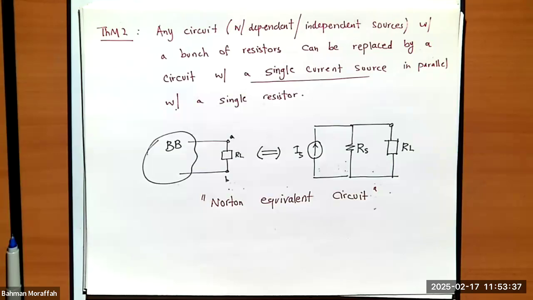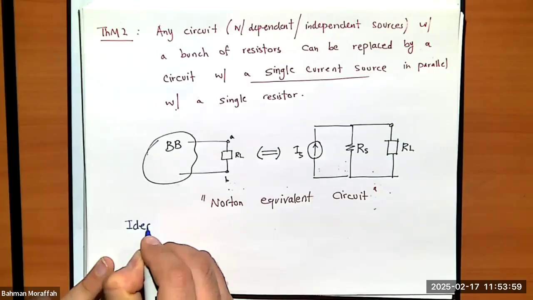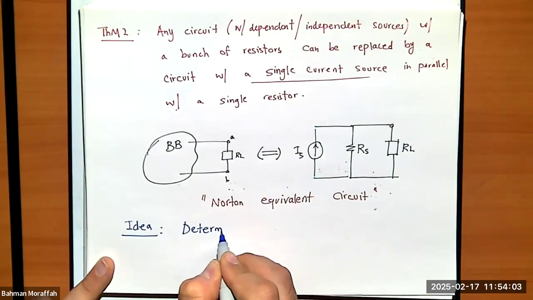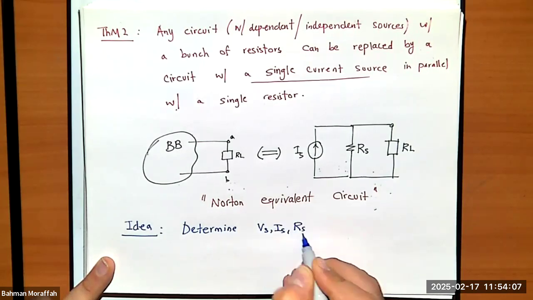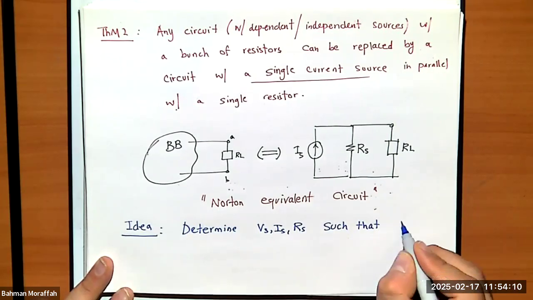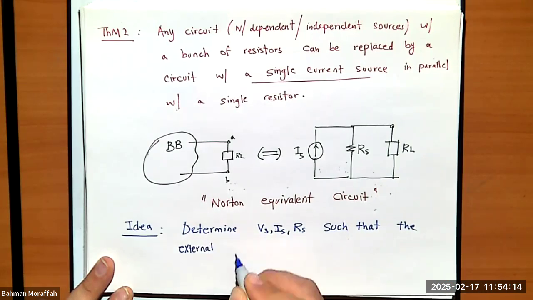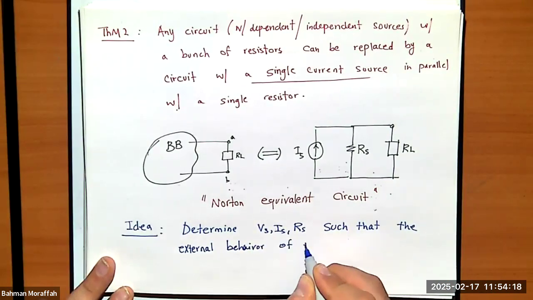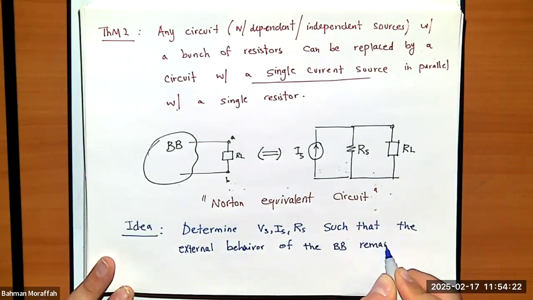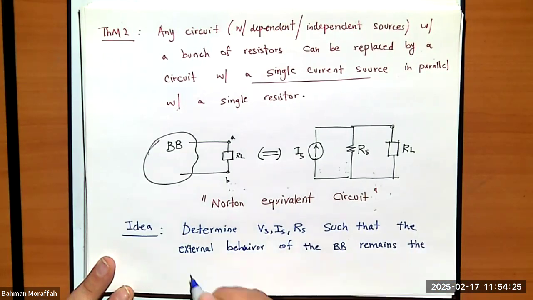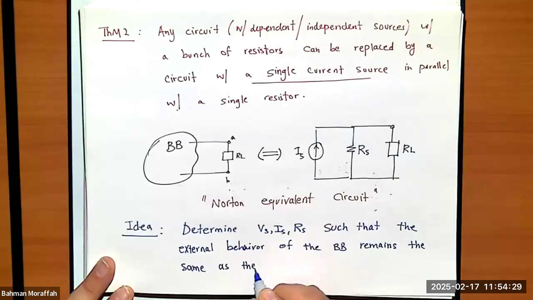So the idea here is that I have to determine that VS, that RS, and this IS such that the external behavior of the black box remains the same as the equivalence.